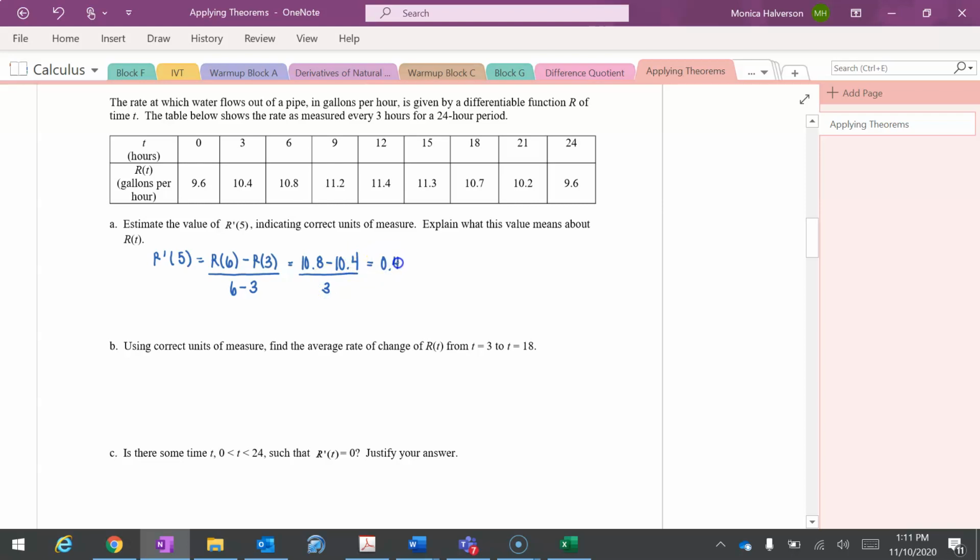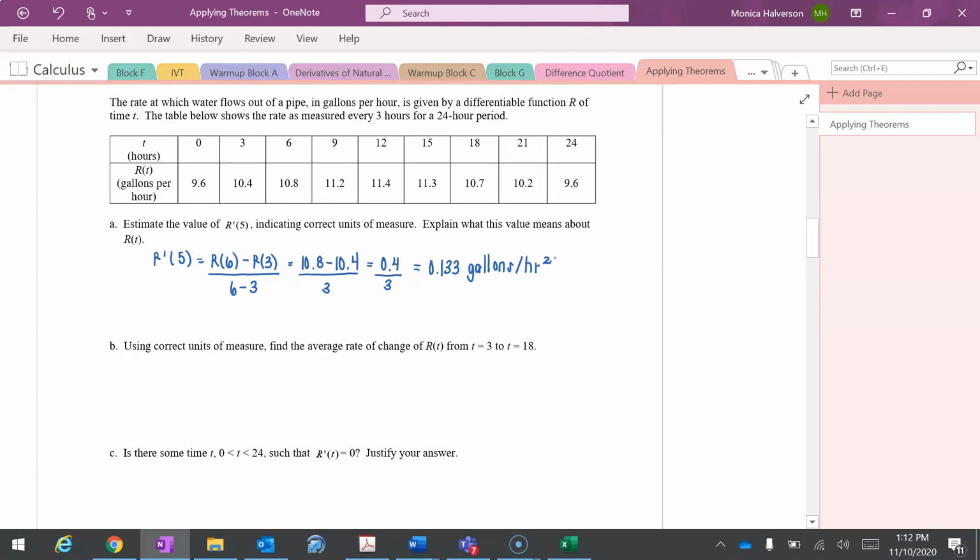So 0.4 divided by 3, which gives us 0.133 gallons per hour squared.